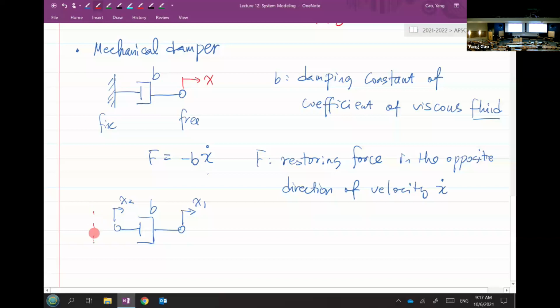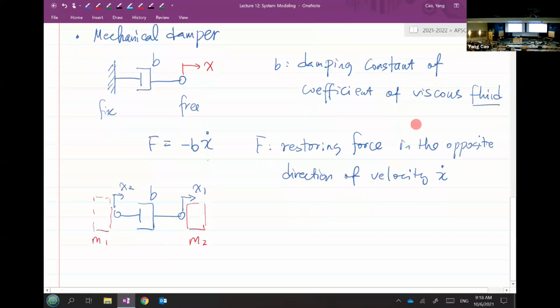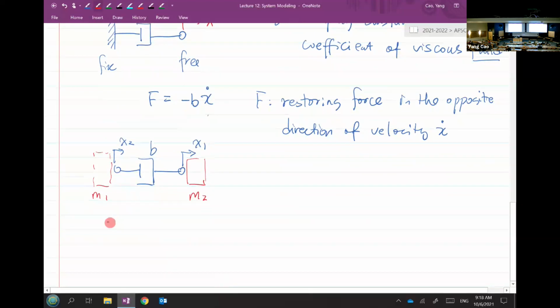So you could definitely attach two different masses on either side of the damper. So this can be M1, this can be M2. Then the amount of force exerted by the damper, due to both ends being free, will be slightly different from this formula. Okay. Let's write it down here.